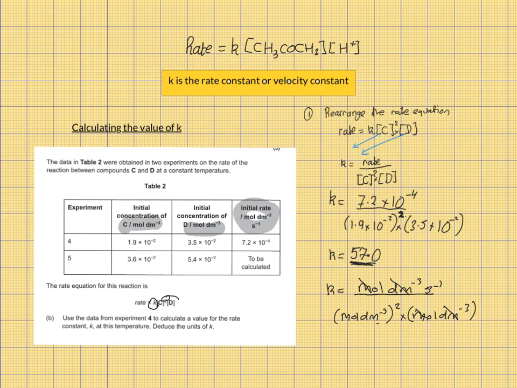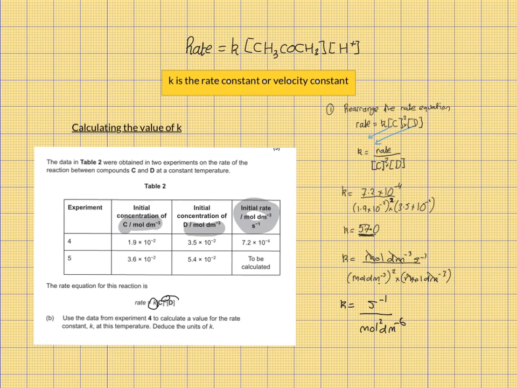So what we need to do now is expand the brackets for the moles per dm cubed squared, which becomes moles squared dm to the minus 6. Again, that's still untidy. We'd like to tidy that up. So we bring these to the top, and moles squared becomes moles to the minus 2, dm to the minus 6 becomes dm to the plus 6, seconds to the minus 1.